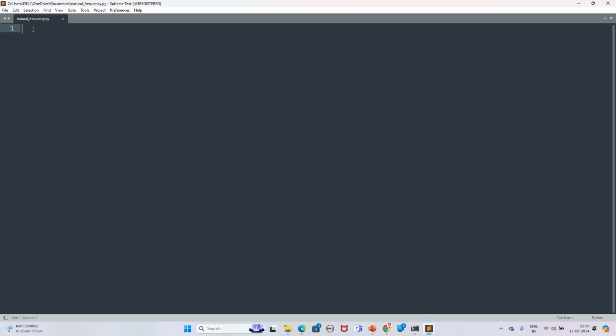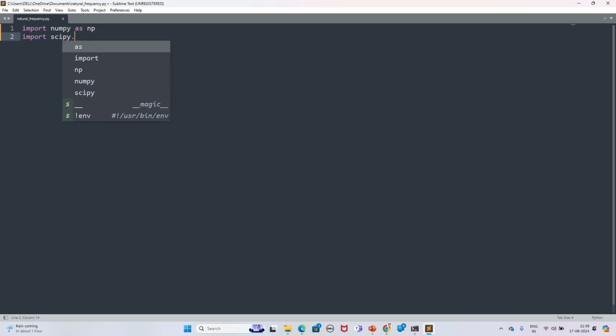I need to import certain libraries for the calculation. First I am importing NumPy as np, then SciPy.